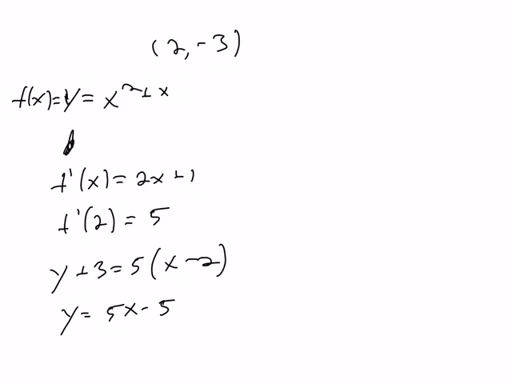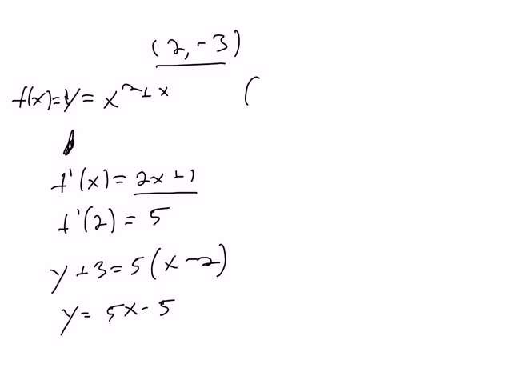So we want the slope of our second line, because the slope of our first line is 5. Oh wait. So in order to find the second line that passes through this point and has the right slope, what we can take is our points.